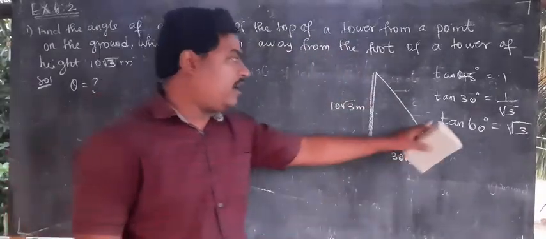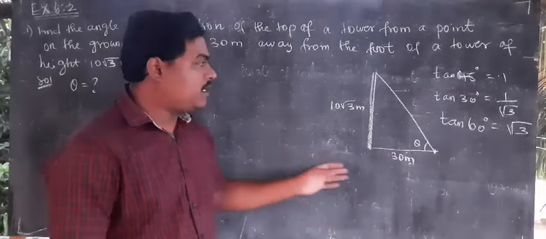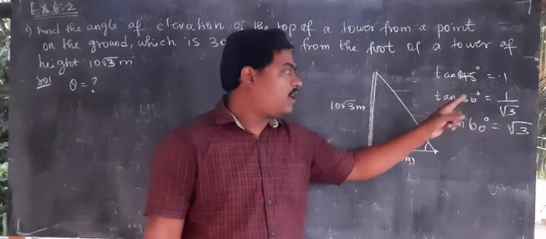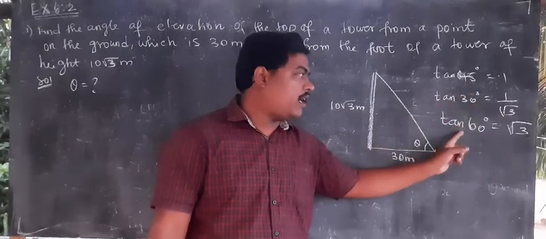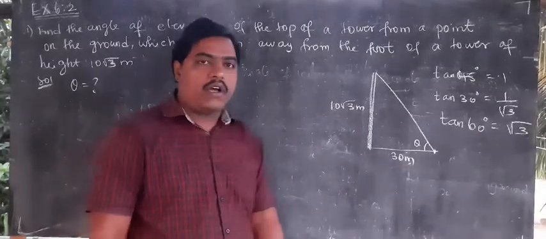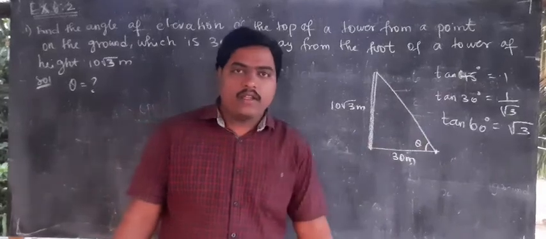These three values we need to memorize because in this exercise we are using these values. Tan 45 means 1, tan 30 means 1 by root 3, tan 60 degree means root 3, and then tan theta equal to opposite by adjacent. These four formulas we need to memorize in the exercise.